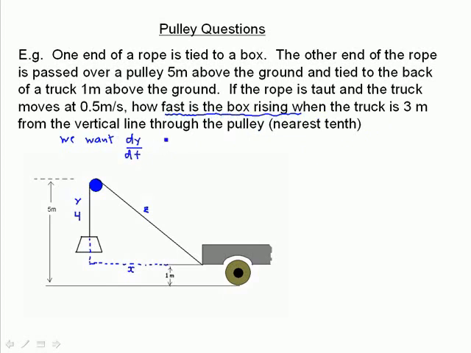Now we would actually expect dy dt to be negative because the distance should be decreasing from the pulley to where the box is located. Now this is looking a little strange perhaps, because you're thinking, well, wait a sec, y is equal to 4. It's constant.